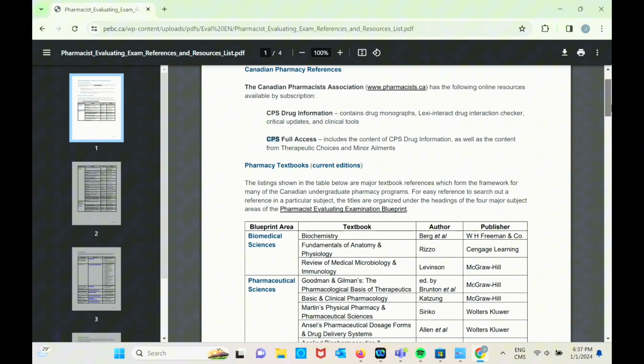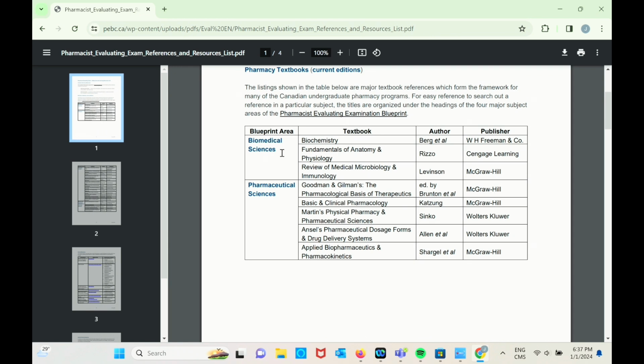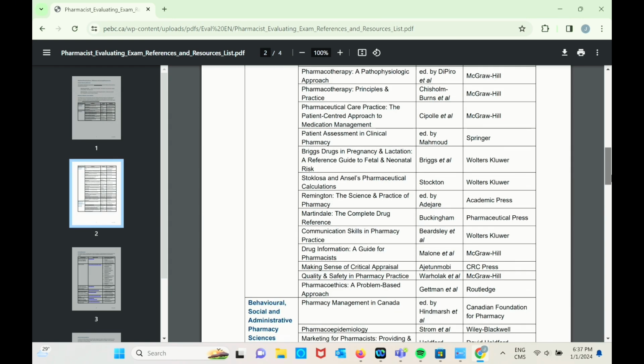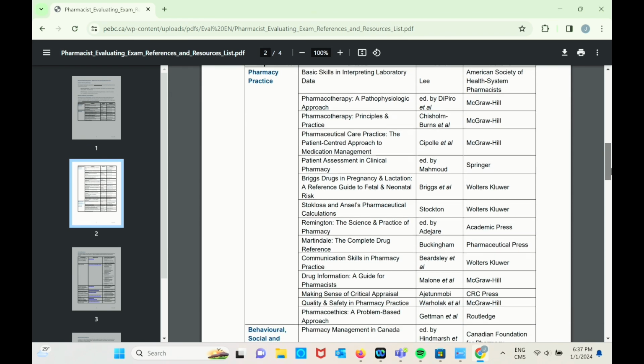And next, if you want to check each subject area and refer to something, you can use these textbooks which are specific to the subject areas. For example, I have used a reference called Lippincott, which is not in the reference list, but I used it for pharmacology.